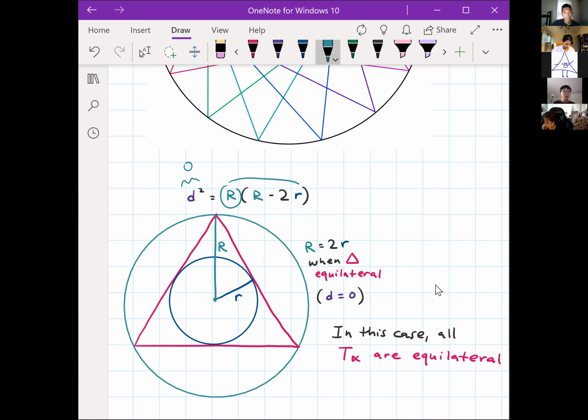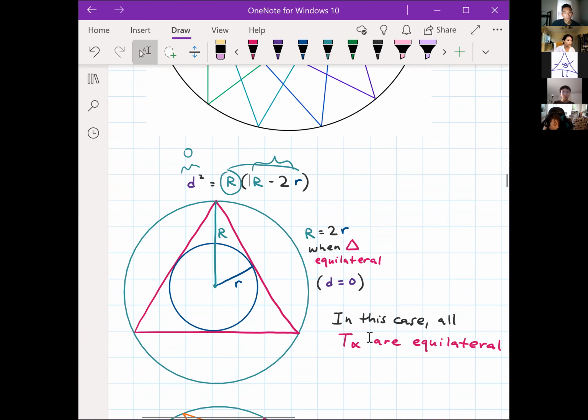But r is always greater than 0, so that tells us that big R is 2 times little r in the case of an equilateral triangle. So in this case, all of the T alphas are equilateral. If you draw any other triangle in this family, it's not a great drawing, but it's supposed to be equilateral.